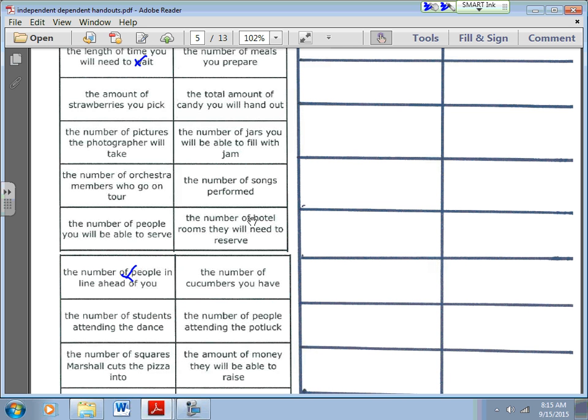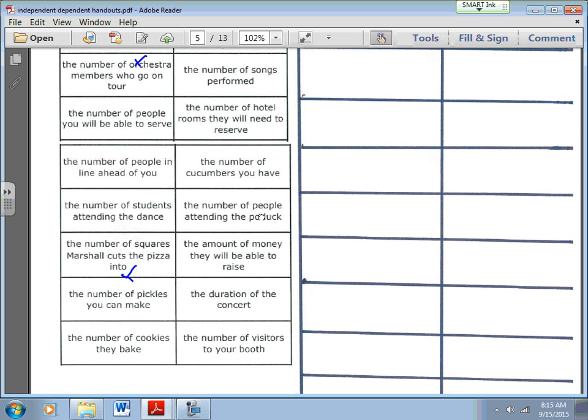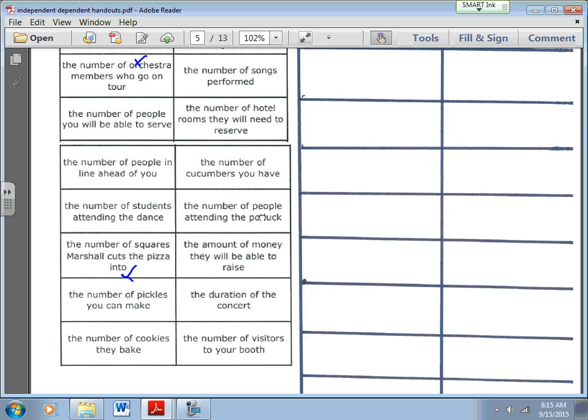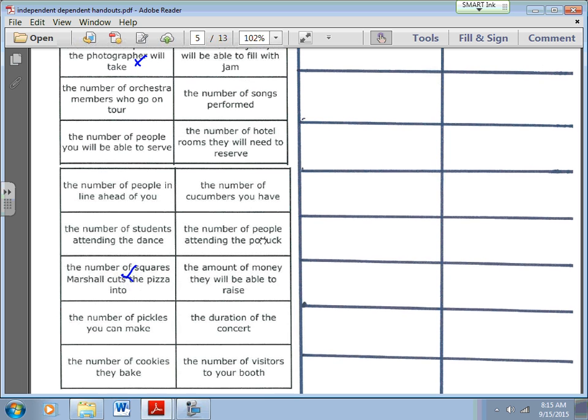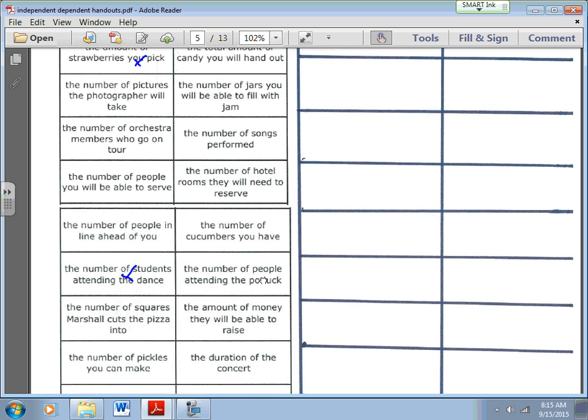There was the number of meals you prepared. I believe we used that one, didn't we? What was the other part? The number of people you'll be.